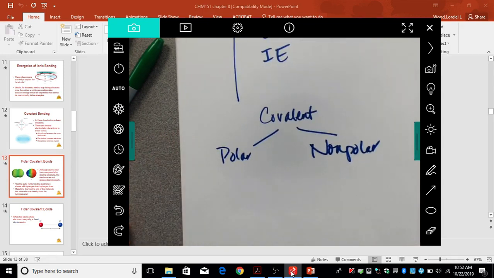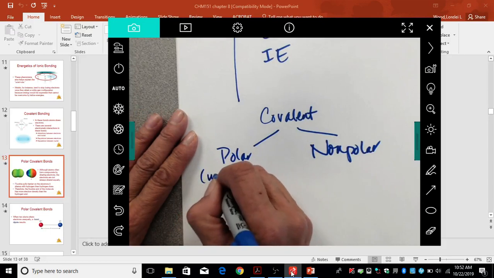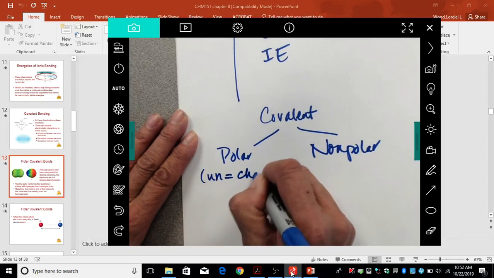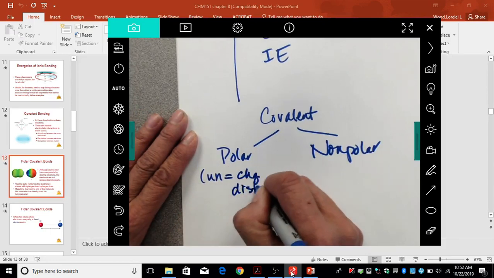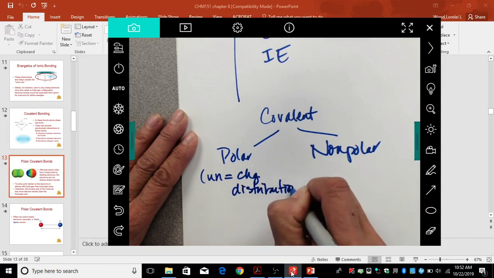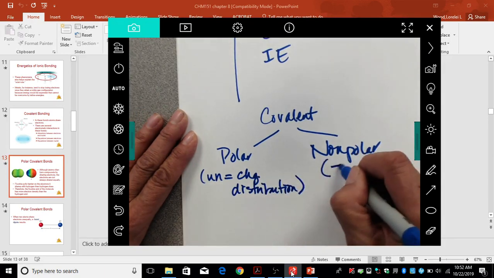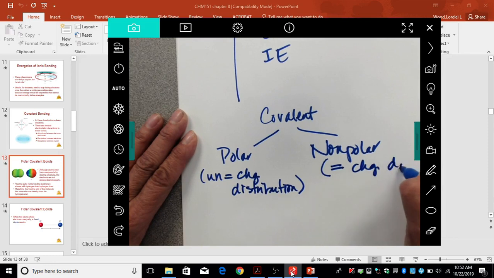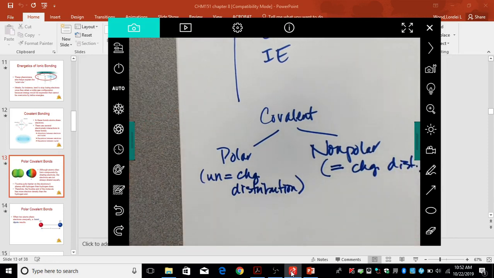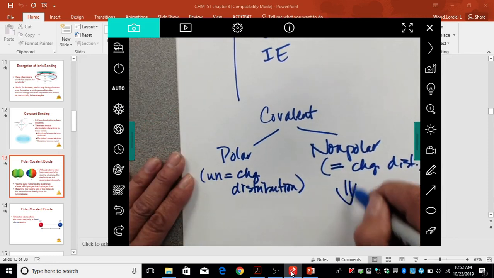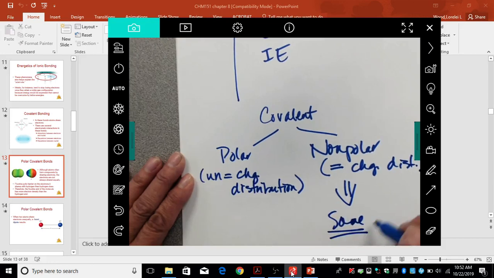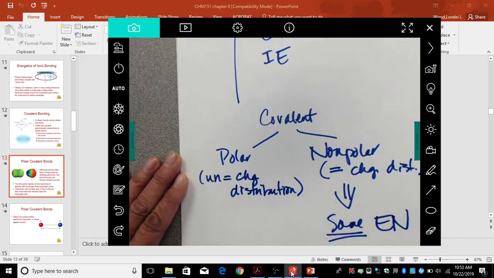What does polar versus nonpolar mean in the context of science? Has an unequal charge. So polar has an unequal charge distribution, and nonpolar has an equal charge distribution. All right, things that are nonpolar have the same electronegativity.